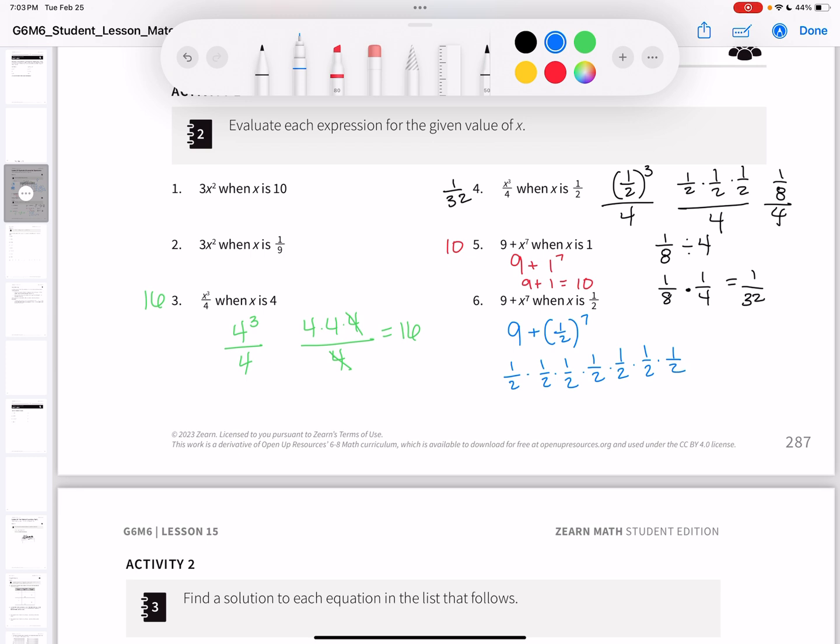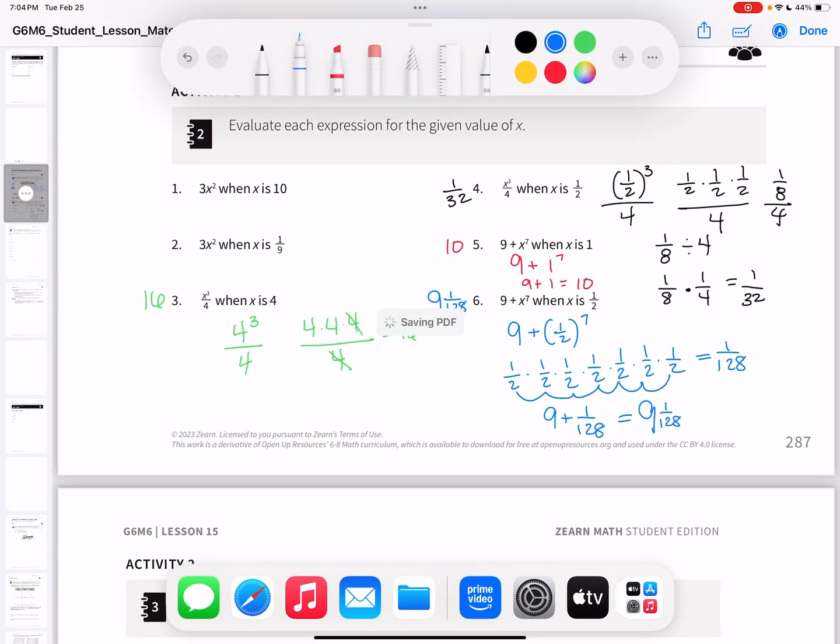So 2 times 2 is 4. 4 times 2 is 8. 8 times 2 is 16. 16 times 2 is 32. 32 times 2 is 64. 64 times 2 is 128. So this is 1 over 128. Okay. And then we have 9 plus 1 over 128, which really equals 9 1/128. Okay. So our answer here is 9 and 1 over 128.